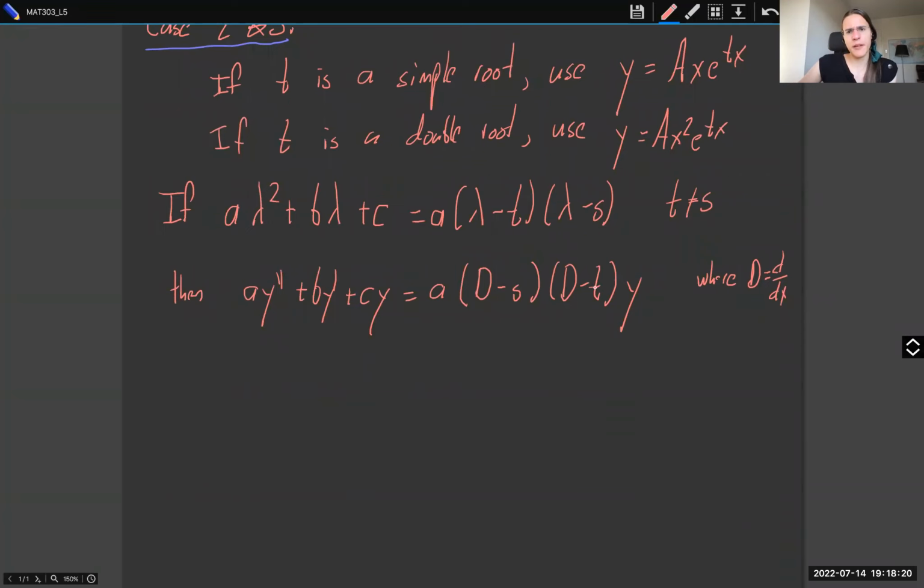So if we apply D minus t to x e^(tx), then when we differentiate this, we get e^(tx) plus t x e^(tx), and then we get minus t times this.